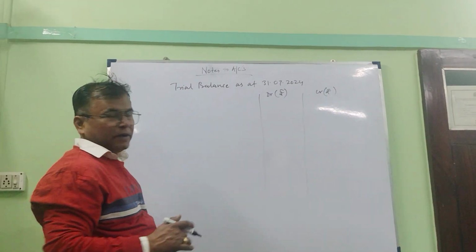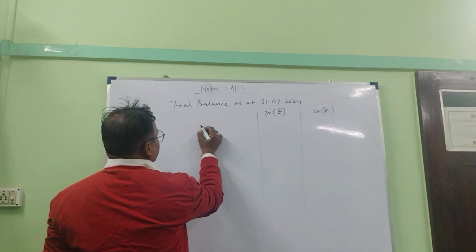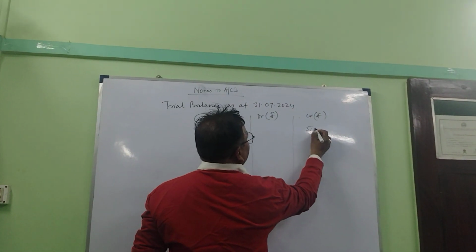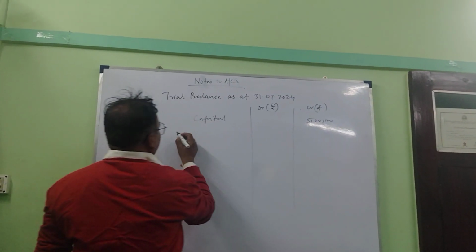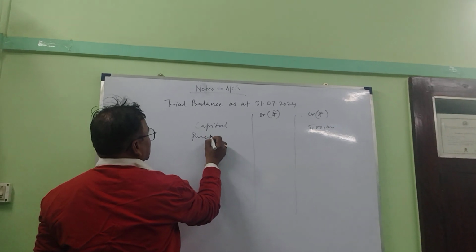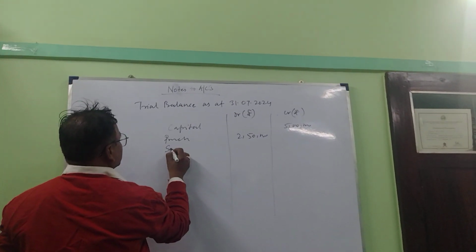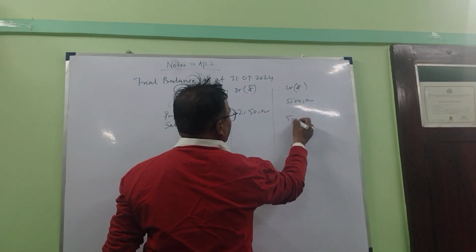Now, suppose you are preparing a trial balance, and let's say capital is 5 lakh, and purchases, suppose this is 250, and sales, suppose that is also 5 lakh.